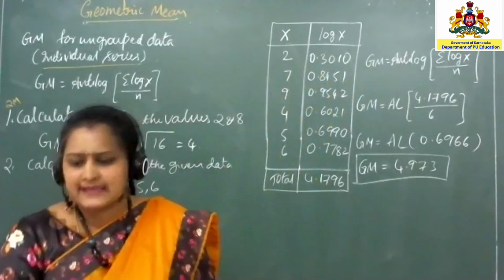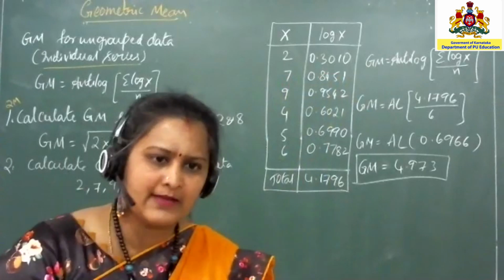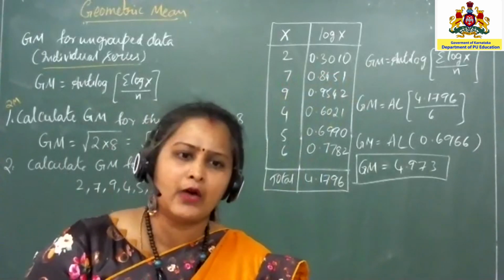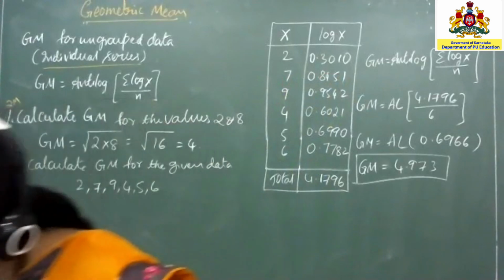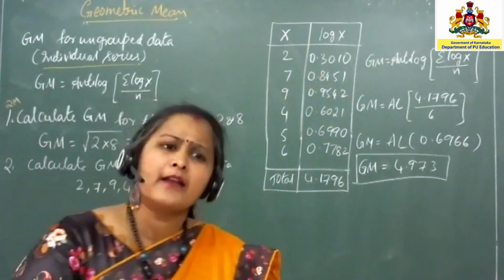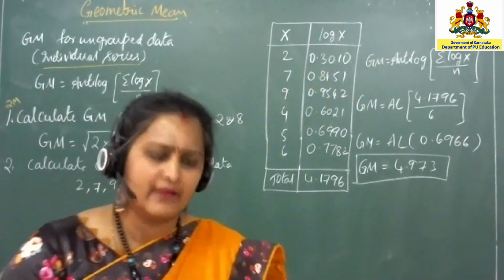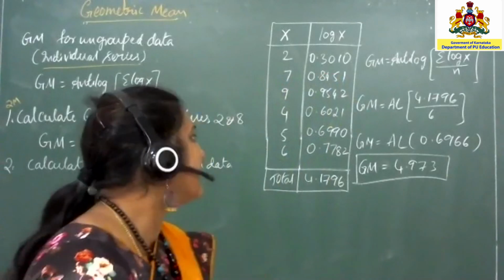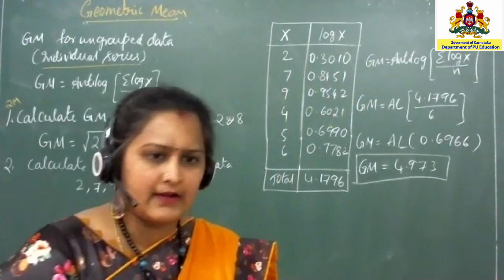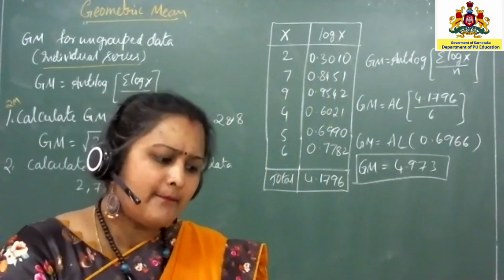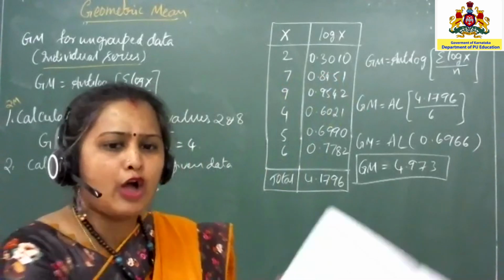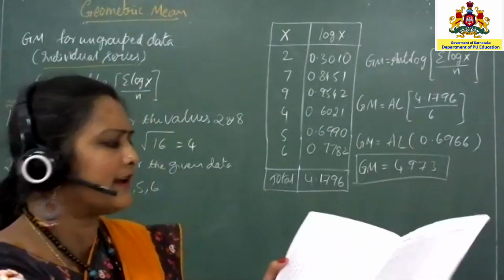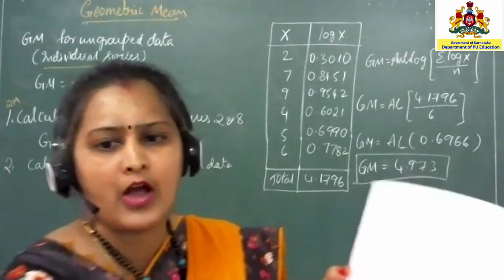One more method is there to find log. Suppose you don't have a scientific calculator, then how to find logarithms? I think you have a textbook, or maybe in 10th standard you got logarithm tables. In the first PUC textbook, at the back side you have logarithms and anti-logarithms tables.